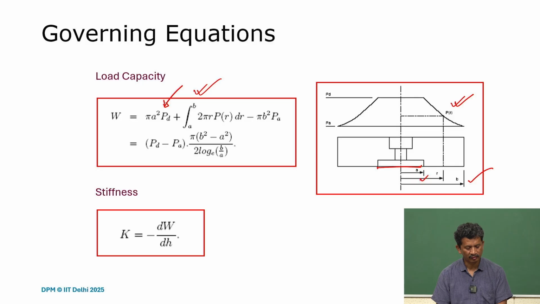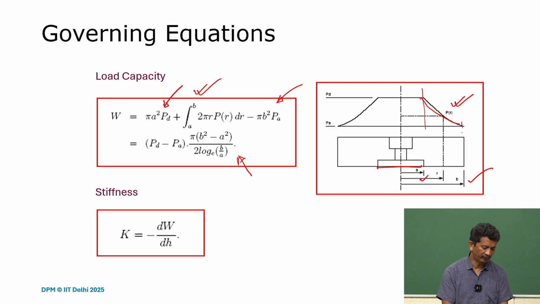So that's why it's PD times πA², the area times pressure, and then for the annular part we integrate. If this is the pressure distribution, then we integrate from A to B, and we can find the overall load capacity, which is given in terms of PD and PA, and B and A, the geometric parameters of the bearing.